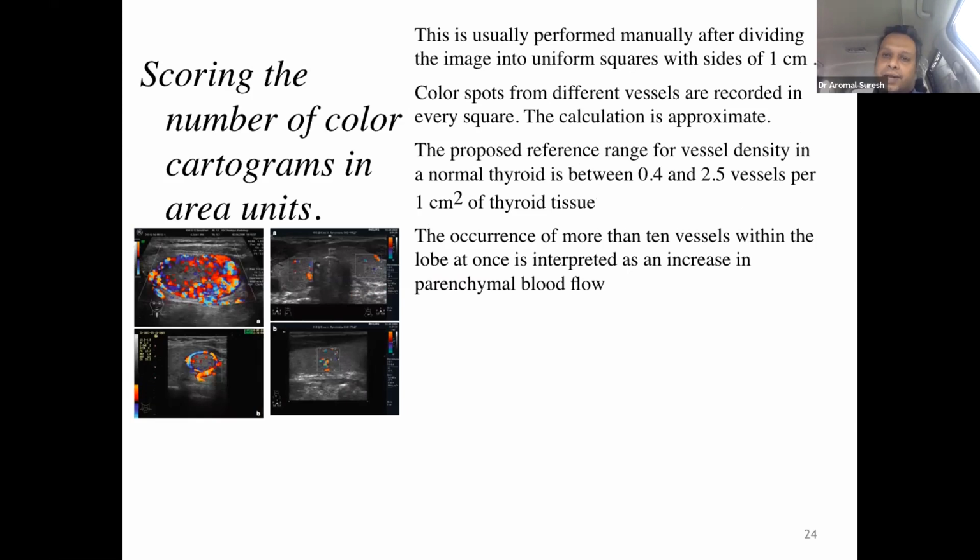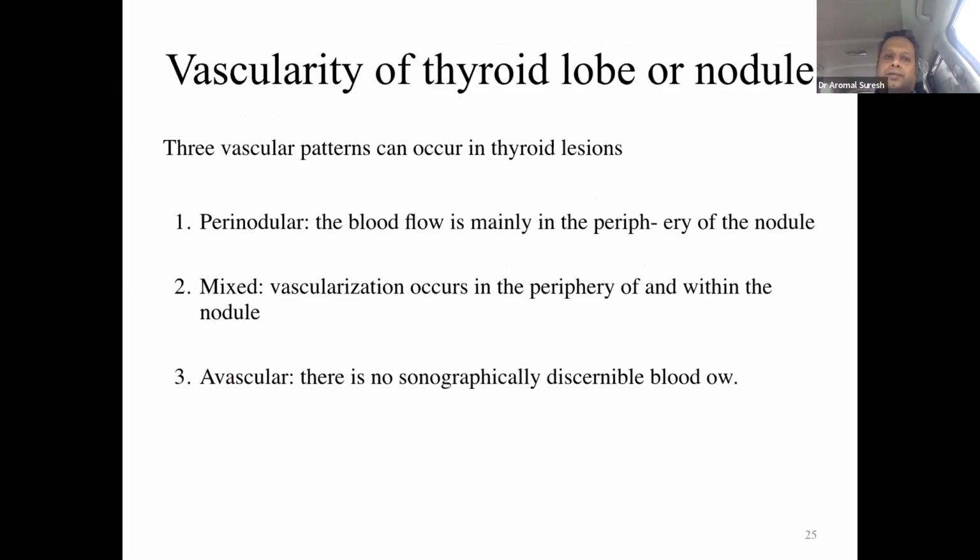Current cartograms also have a similar approach. The color spots will be compared with the normal areas. If you find more than 10 vessels, there is definitely an increase in vascularity. And so whenever you are doing an ultrasonography, you can always look for perinodular vascularity, mixed vascularity, central vascularity, or an avascular nodule.